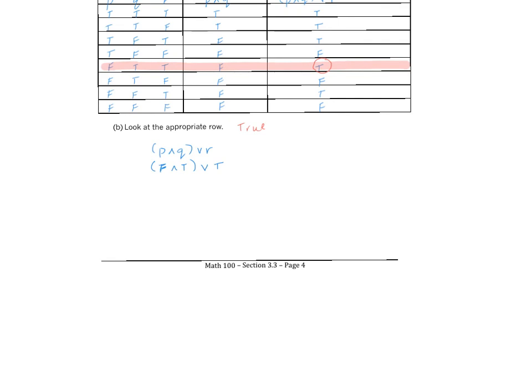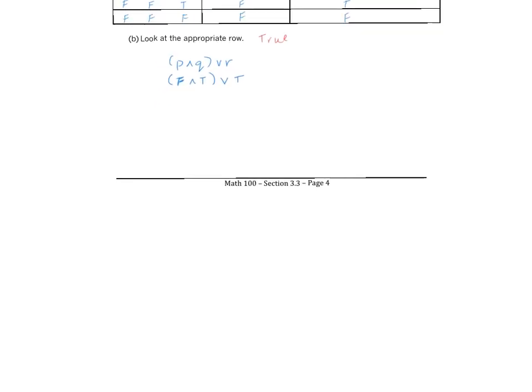So since I knew the truth values for P, Q, and R, I didn't have to do a truth table, but it was in the instructions, so I did one anyway. And then I would just simplify. Looking in the parentheses, false and true. It's an and statement, so that's false. And I still have this or true on the outside. And then false or true is true.